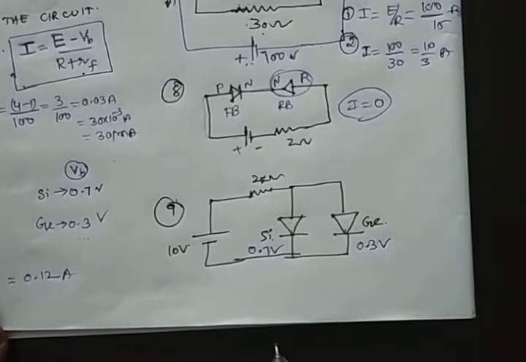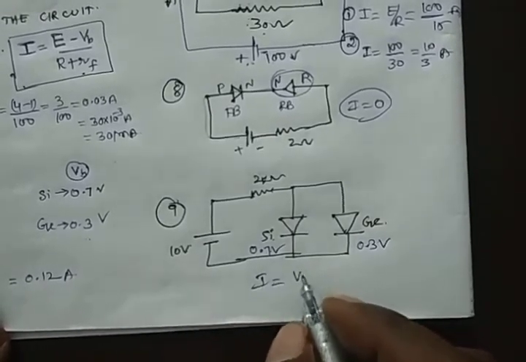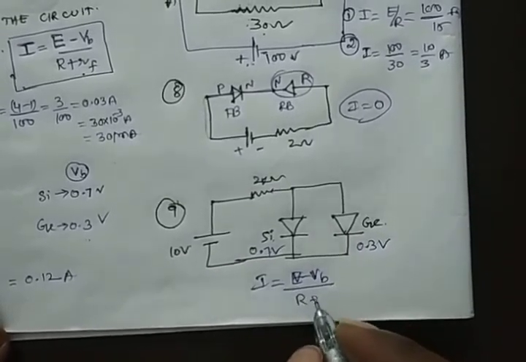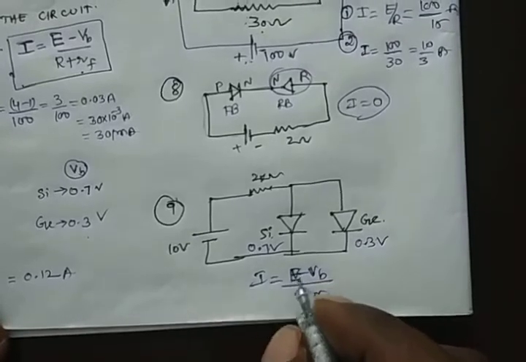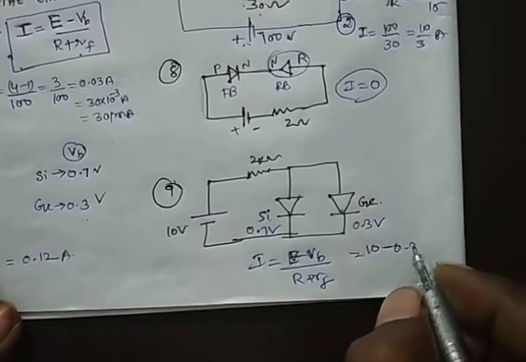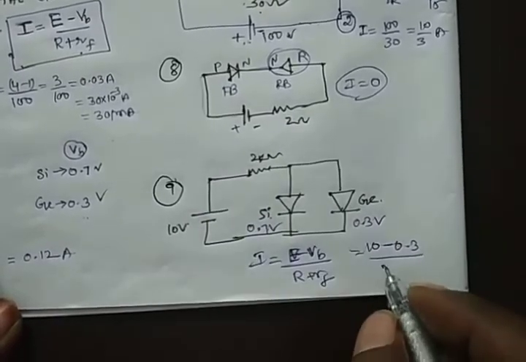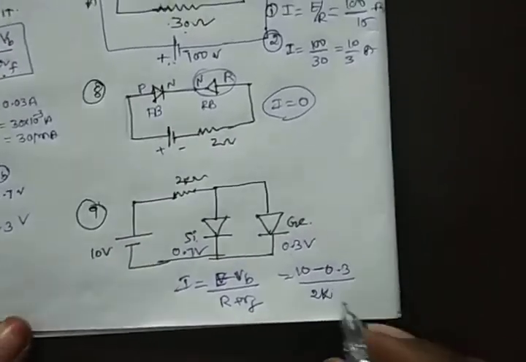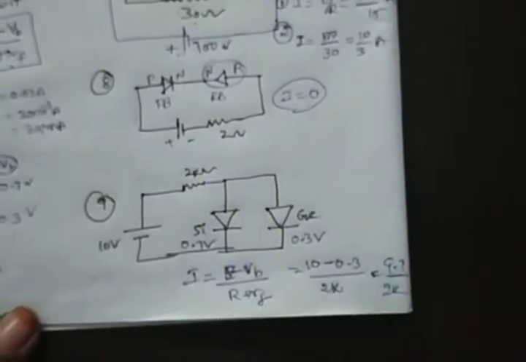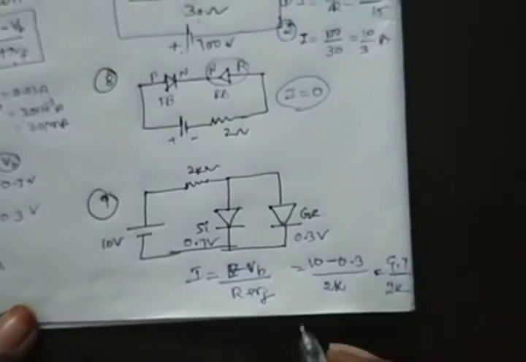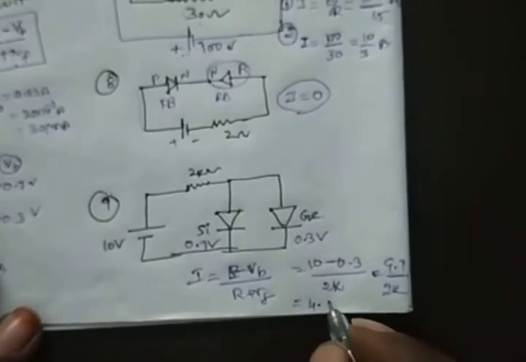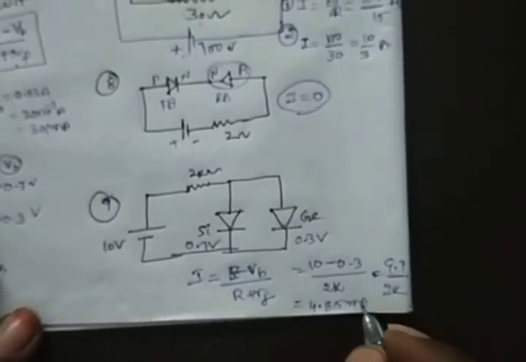That's why you can write I is equal to E minus VB by R plus RF. E is how much? 10 minus barrier potential, least is 0.3, by R value 2K, means 9.7 by 2K. So you get 4.85 milliamperes.